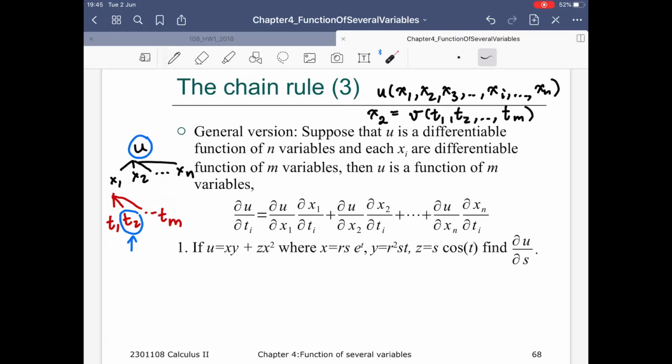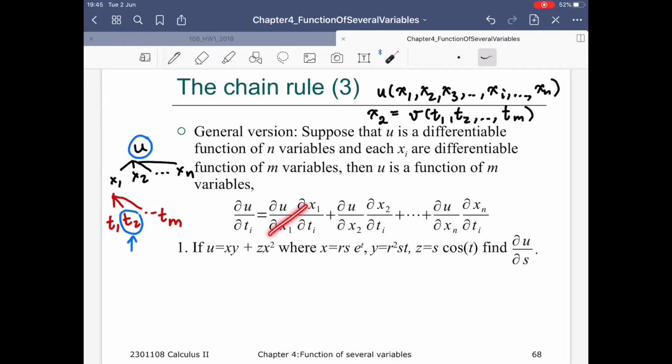So if you want to find the derivative of u with respect to ti, then you start by going through x1 and find the derivative of u with respect to x1, followed by the derivative of x1 with respect to ti, and you go through x2 and then the derivative of x2 with respect to ti, etc., to the derivative of u with respect to xn, followed by the derivative of xn with respect to ti.